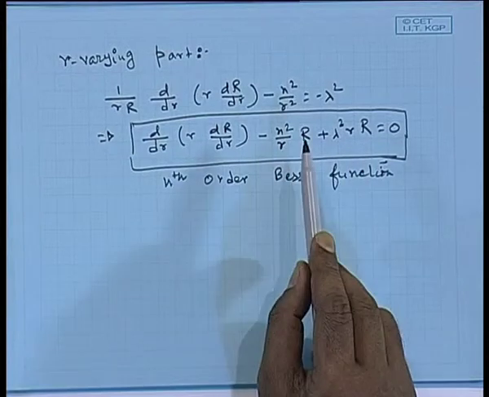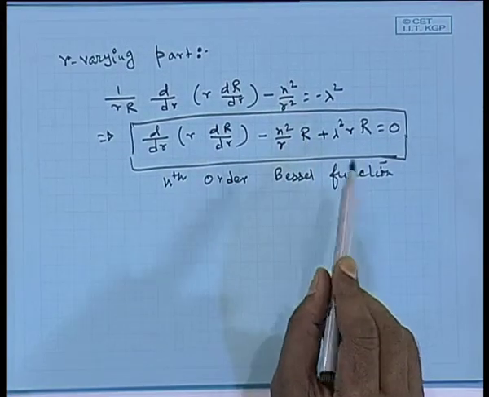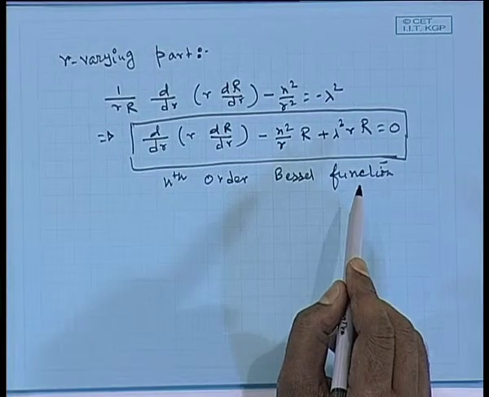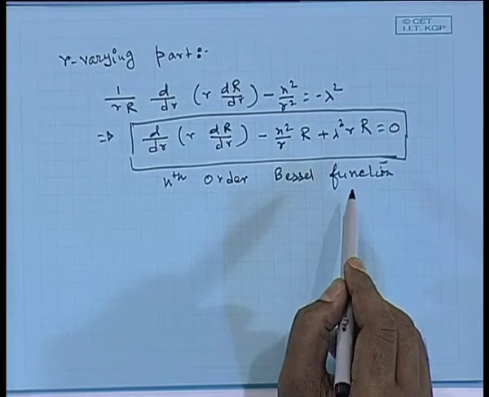In the previous case, n was equal to 0, and the solutions were constituted by J0 and Y0. In this case it will be Jn and Yn, and Jn and Yn are the Bessel functions of the first kind and the second kind, and these are given in any standard textbook in the form of a convergent summation series.